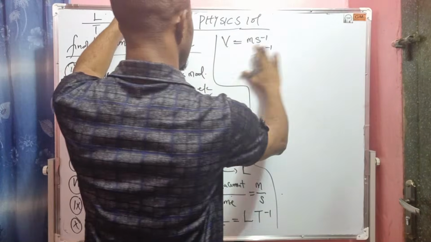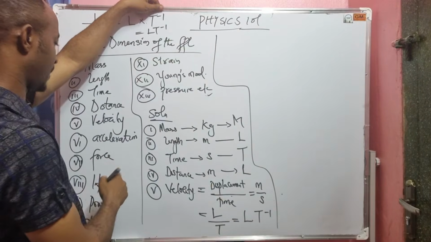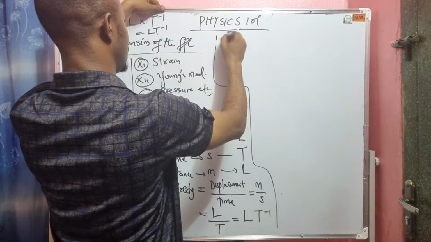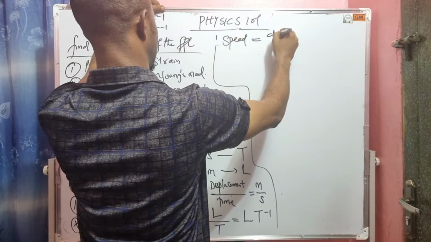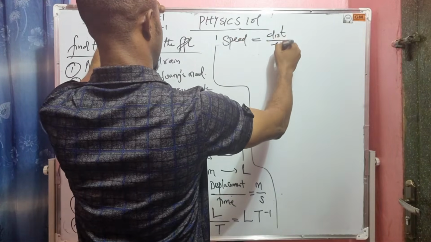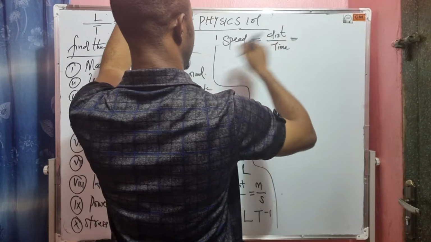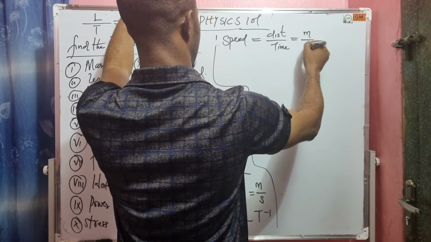Now, we have done velocity. Let me show us another one, which is called speed. Speed is also given as distance over time. The unit of distance is meter, time is in seconds.